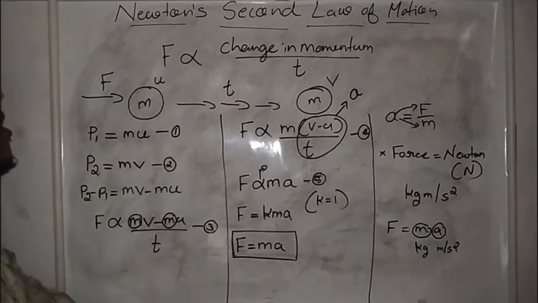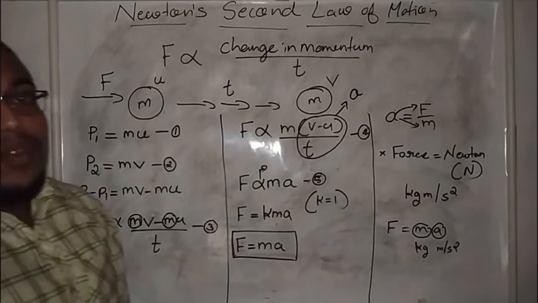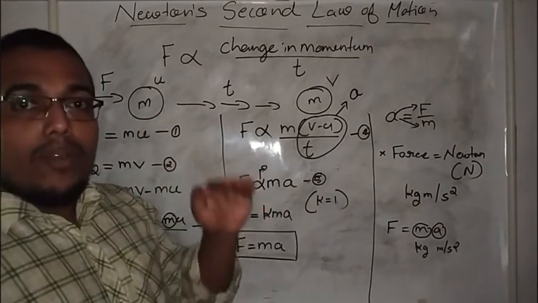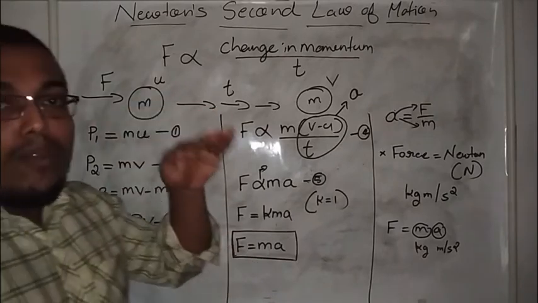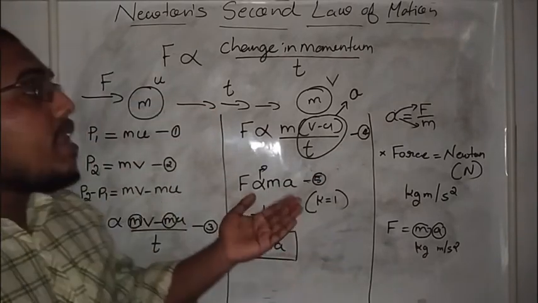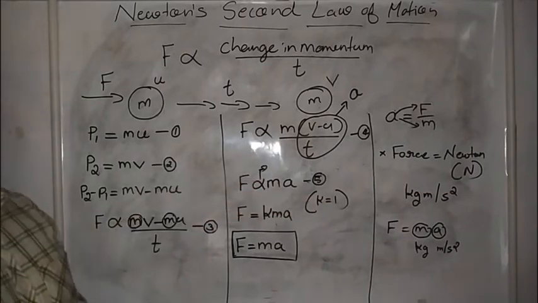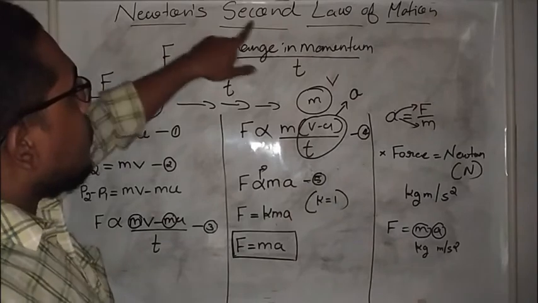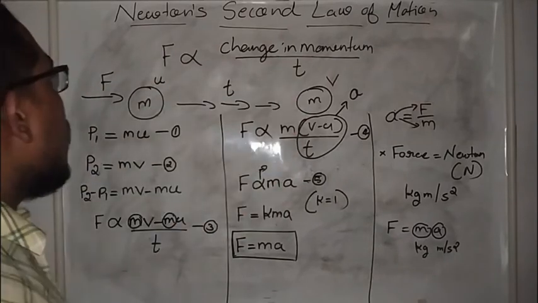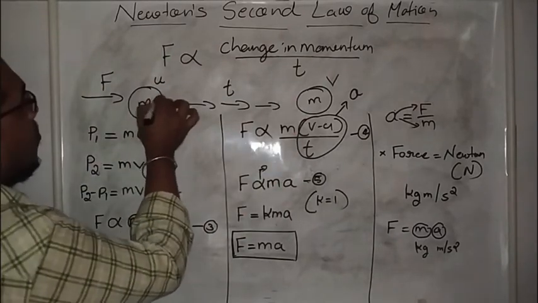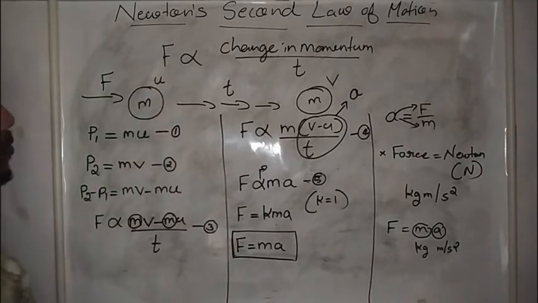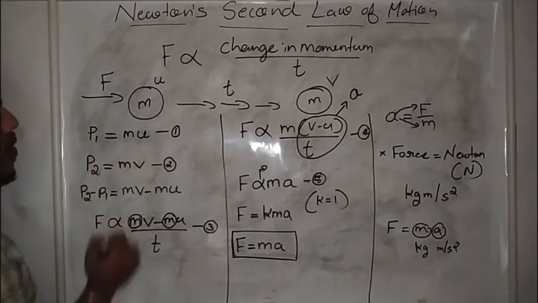So once again I will recollect all the points. Newton's second law of motion. By definition, the rate of change of momentum of a body is directly proportional to the applied force and it takes place in the direction of applied force. We wrote this definition in this form, with one body having mass m and initial velocity u, so the initial momentum of the body is P1 equal to mu.